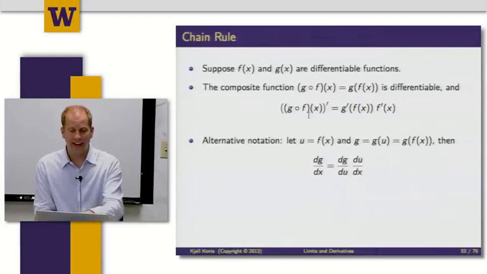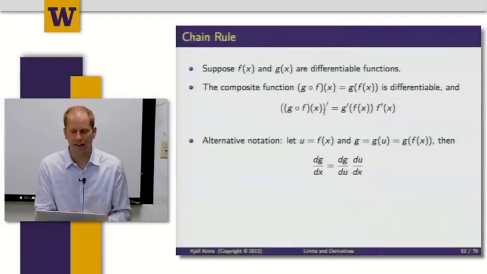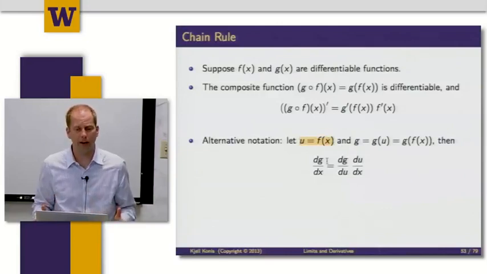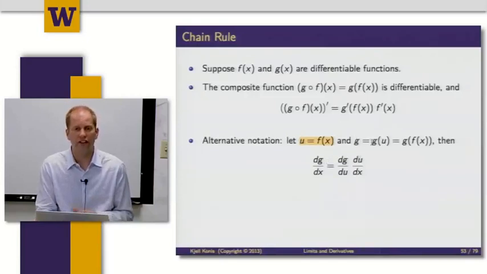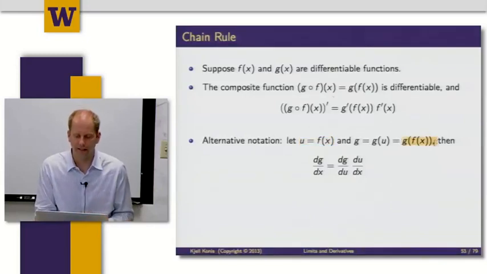Like I said, I really don't like this notation of the composite function. I tend to confuse myself. So another way you can write this is using something called Leibniz notation, named after another mathematician. You think of it in two steps. First, I'm going to evaluate f of x, and that's going to give me a number u. Then I'm going to evaluate g at that number u to get my final answer, g of f of x.